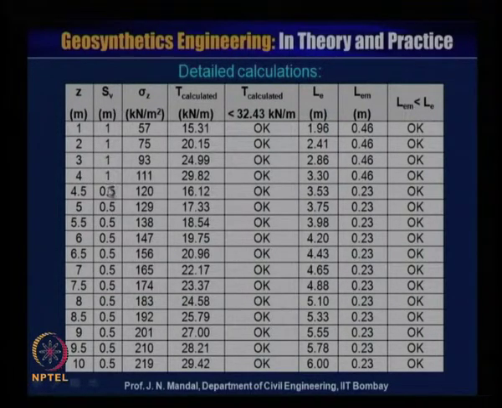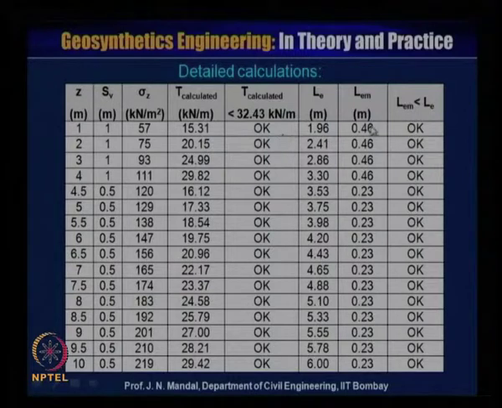This is 1 meter spacing, and then after that the remaining portion is 0.5 meter spacing. We calculated sigma of Z is 57.219 kilonewton per meter square. We calculated T calculated is 15.31 kilonewton per meter, and we also found T calculated is less than 32.40 kilonewton, that means it is okay.